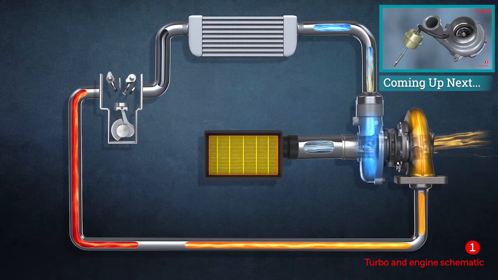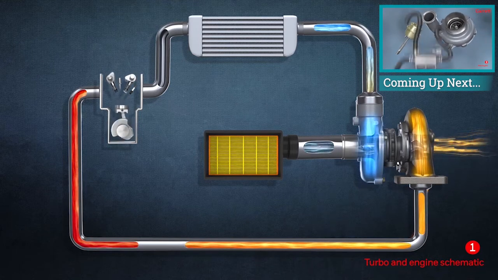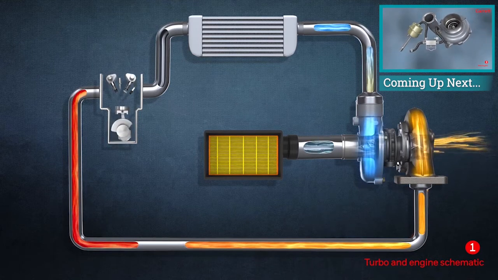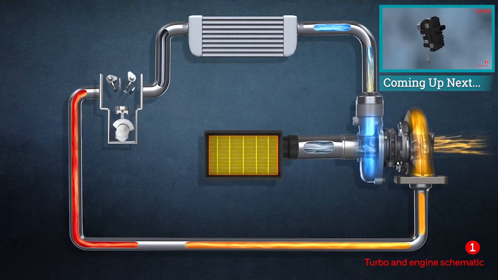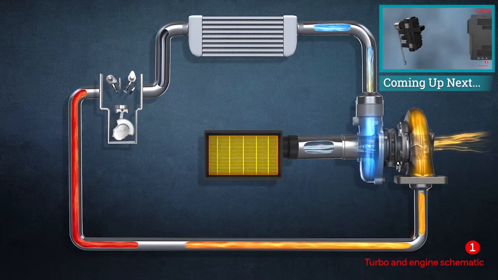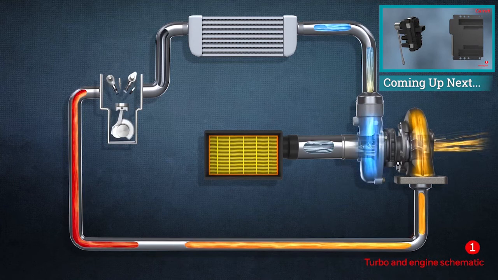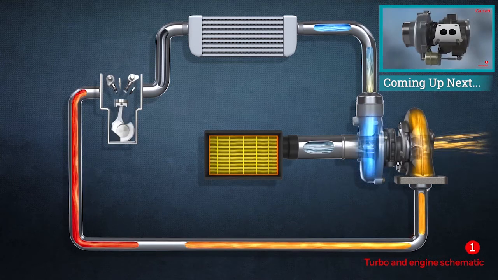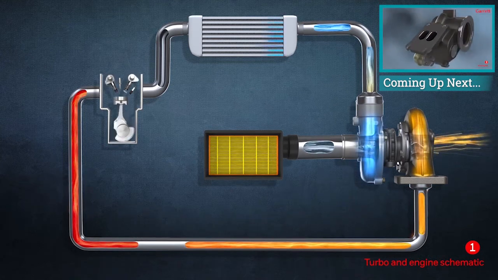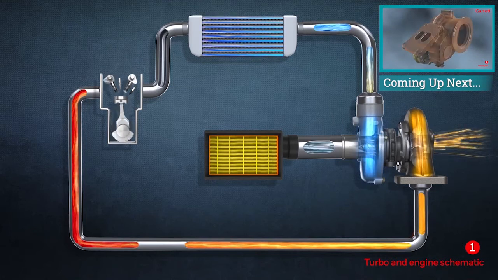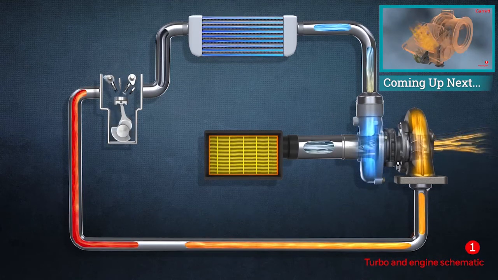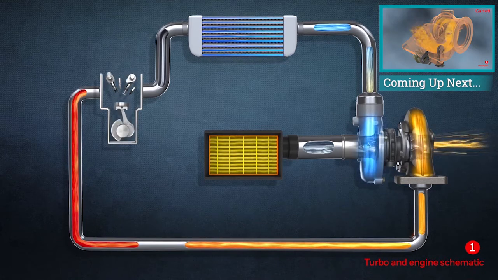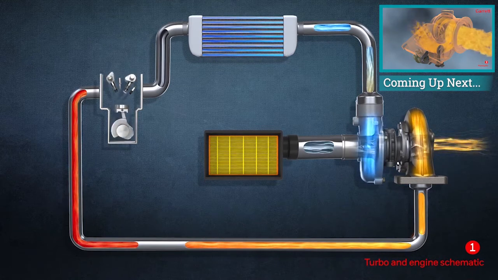However, just like any other type of air pump, some of the work done in creating high pressure also creates heat. Hot air is less dense than cold air, so after the charge air leaves the compressor, it normally passes through a charge air cooler or intercooler. The hot charge air from the compressor passes through the many hollow tubes in the core of the intercooler.